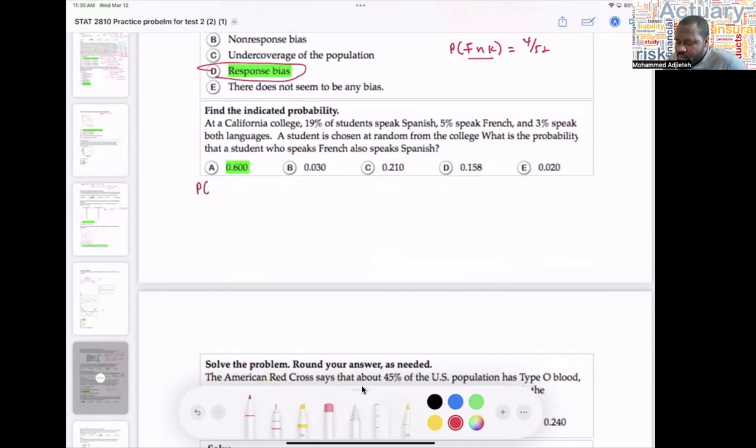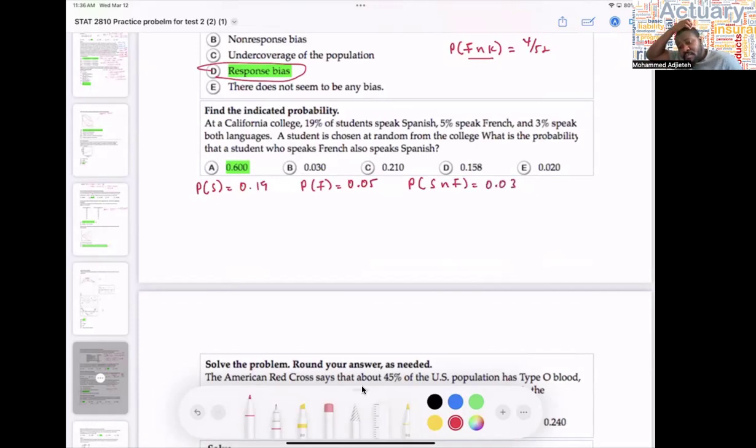So P of S is equal to 0.19. 5% speak French, P of F is equal to 0.05. And 3% speak both languages, so the probability for Spanish and French is equal to 0.03.